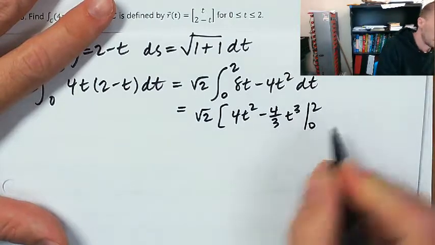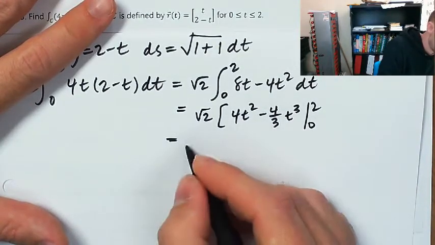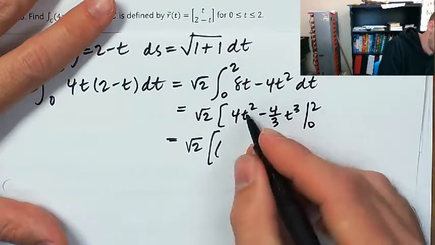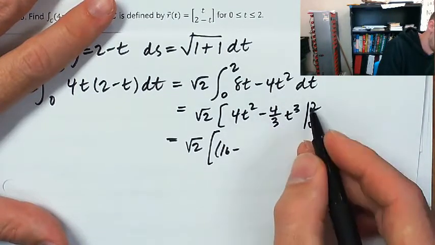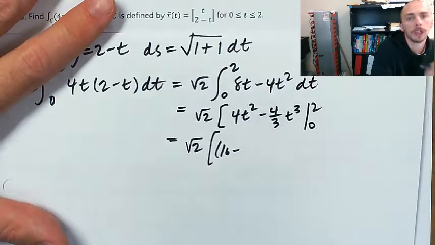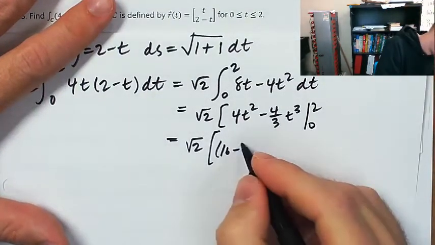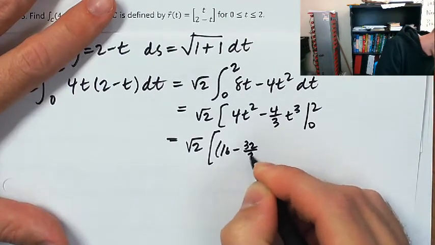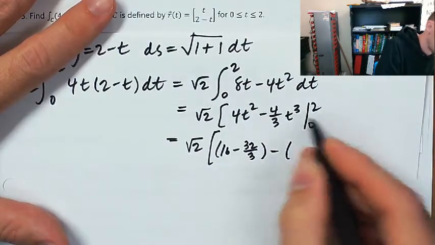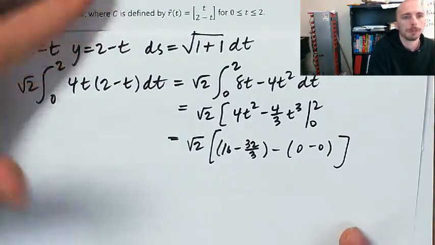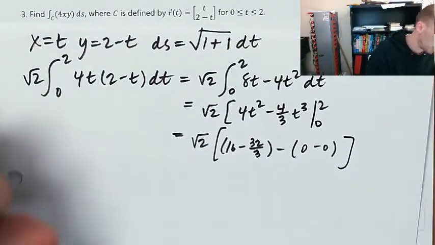Plug in the bounds and subtract. Okay, that's 16 minus 4/3 of 8, 32/3, minus, when I plug in 0, I'll just get zeros, and that'll be the value of the integral.